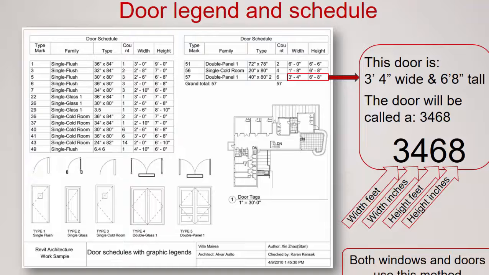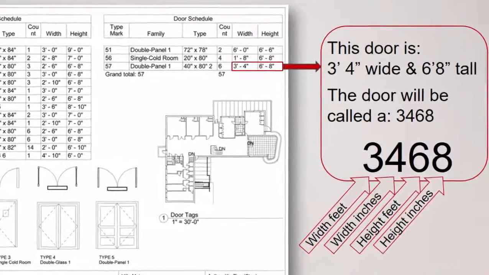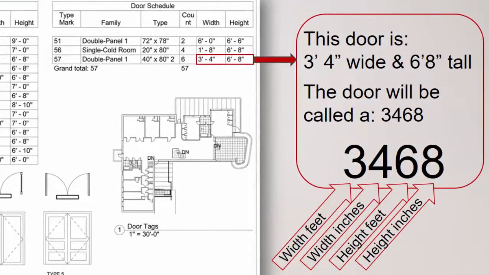And then of course all this information can be inputted to a schedule that would list things such as the dimension of the door or window, the width, the height, how many of those. Something to note over on the right where it says 3, 4, 6, 8. Windows and doors are often called out in these 4 numbers.